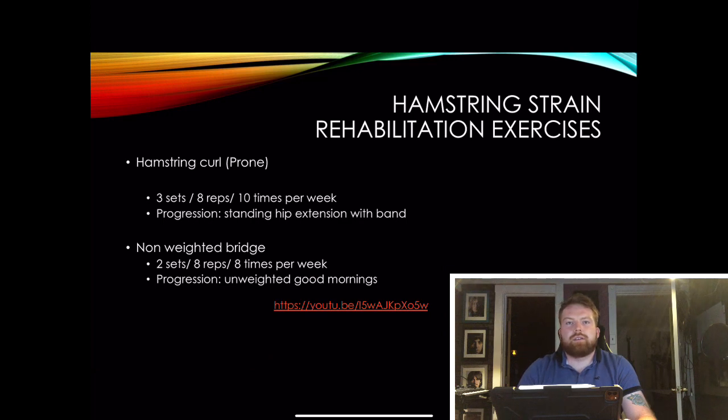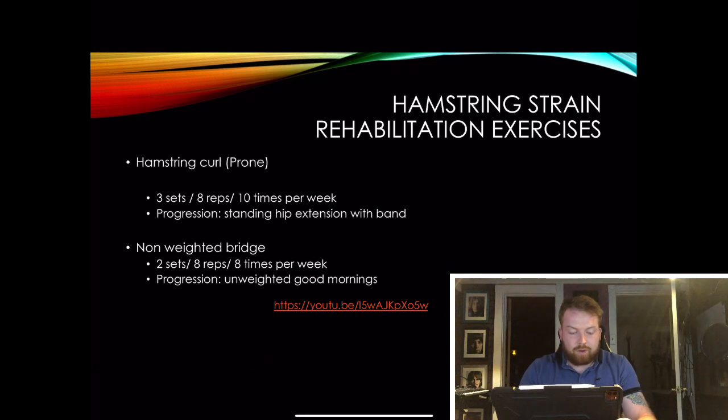So if the ACL is intact, the heel will actually raise off the examination table, and the test is positive if the heel stays on the examination table, which indicates that the ACL has been torn because it's therefore not connected. So once you're doing the upward motion on the lower leg, downward motion on the upper leg, there's no ACL to connect it to pull the heel up with the foot, which is actually pretty fascinating.